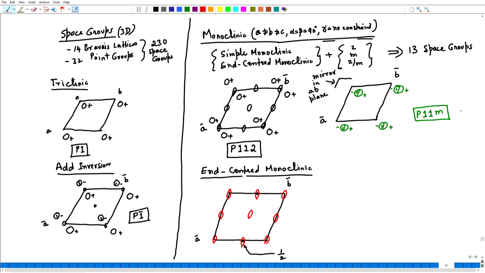And let us start putting the motifs in this. Motif above the AB plane, the two fold rotates it in this position 180 degrees, but remains above the AB plane. Translations will bring them here.